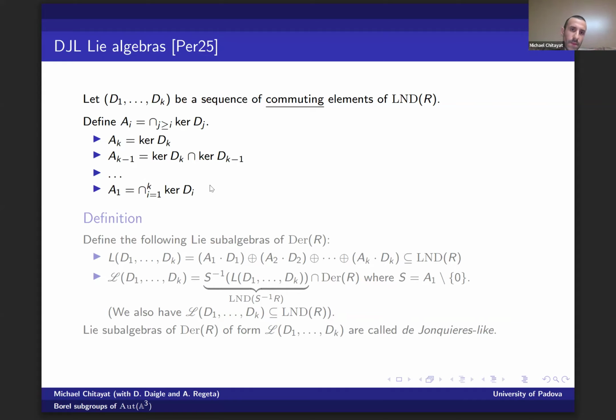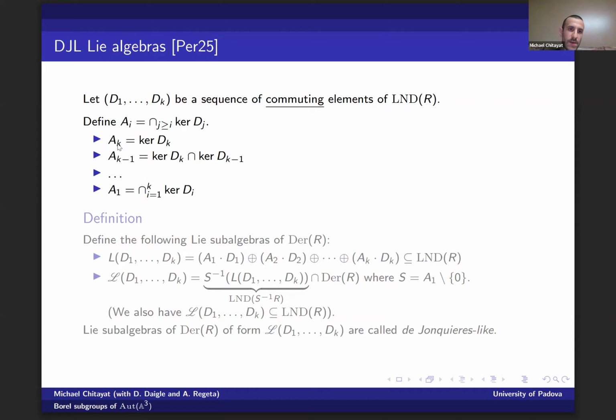So basically, you start with a family of pairwise commuting locally nilpotent derivations of your ring. And then you define these subrings, A_i, to be the intersection of all of the kernels whose indices are greater than or equal to i.